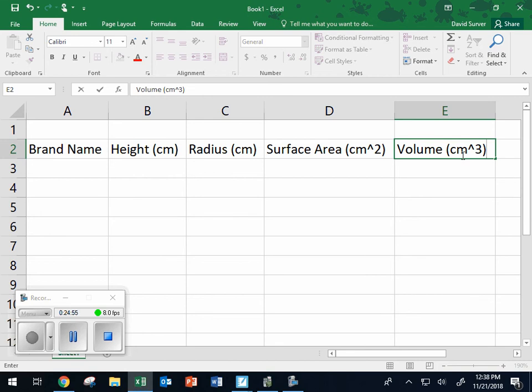So take a few moments, write down these 5 columns on your Excel spreadsheet or on your Google Sheet. And after this, we actually have 2 more columns.